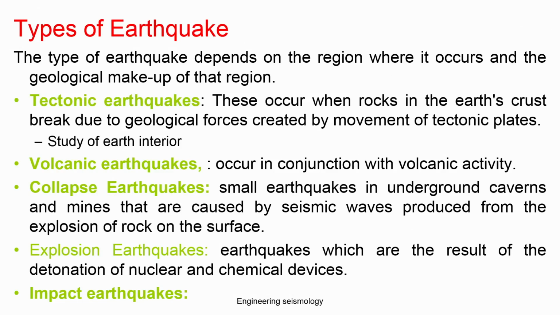Driving the pile into the ground by hammering creates impact vibration, and that kind of earthquake is called an impact earthquake. But note that all these four types of earthquakes are only 5% in the world. Tectonic earthquakes are 95% of the world.